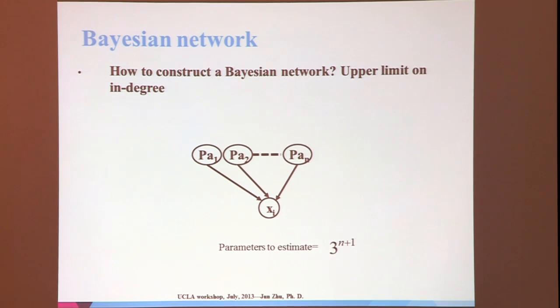Then for each cell, how many samples do you need to get a robust estimate? The general rule of thumb is 5 or 10. So if you have 3 parents and 1 child, in the simplest form you have 81 parameters to estimate.